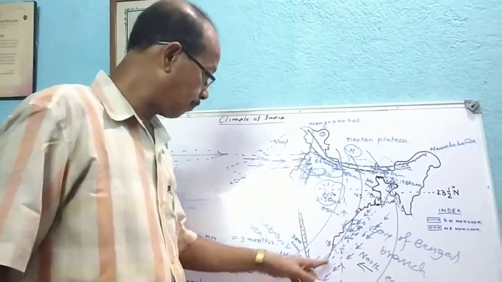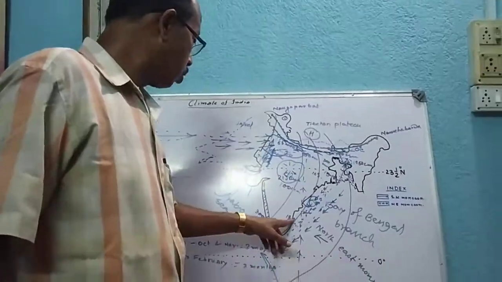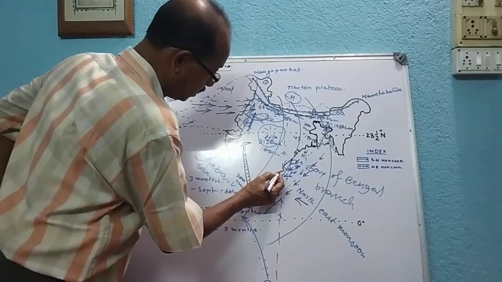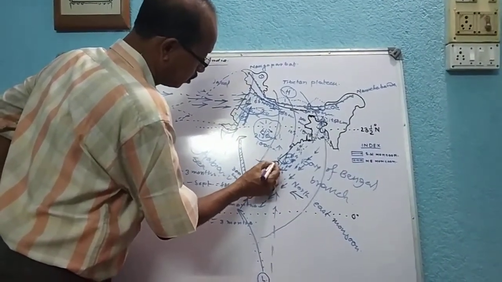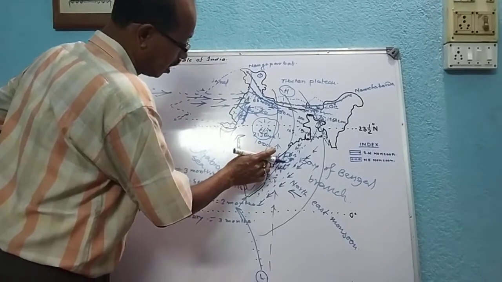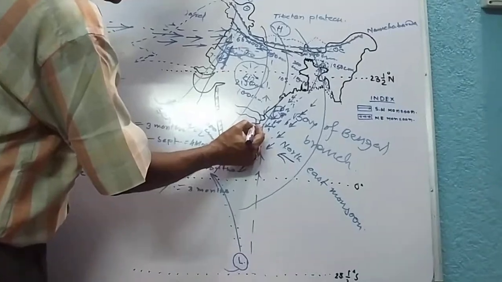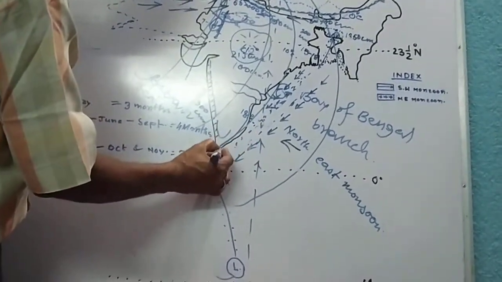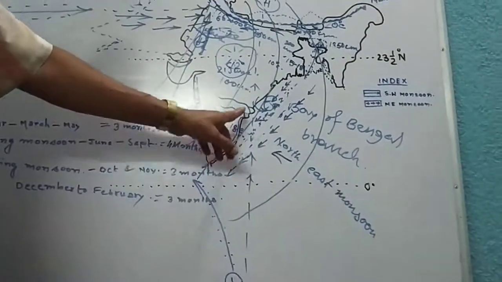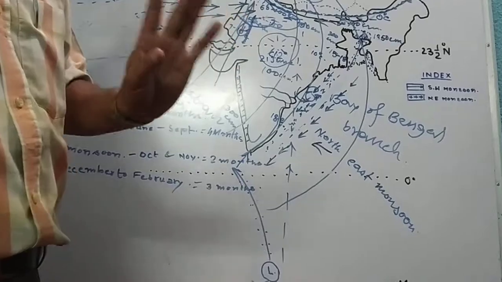On the other hand, in the months of November, December, the Coromandel coast, this is your Krishna river mouth, this is your Godavari river mouth and Krishna. From the Krishna river mouth to Cape Comorin, this coastal area is known as the Coromandel coast.